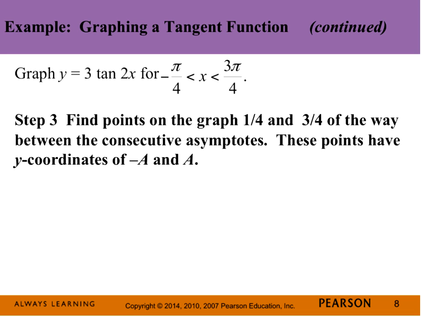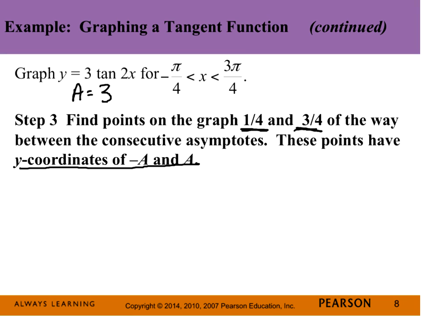Okay, so this is where it gets a little bit trickier to see what's going on here. What we're told in the information above before we started working on this problem is that the points that are 1/4 and 3/4 of the way through are going to have y coordinates of negative a and a. And in this case, a is equal to 3.